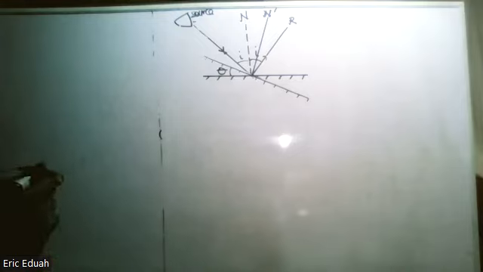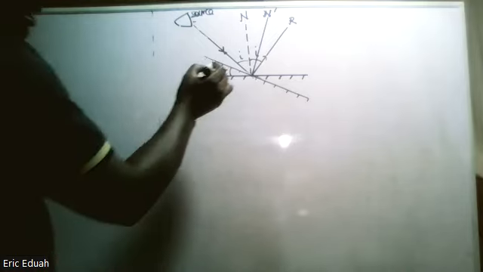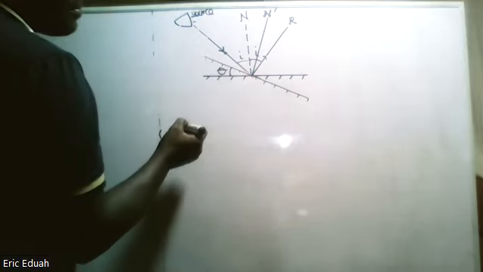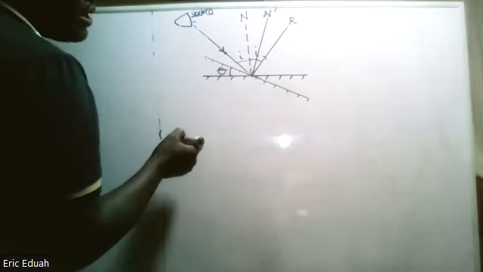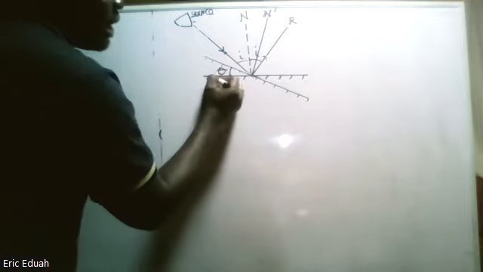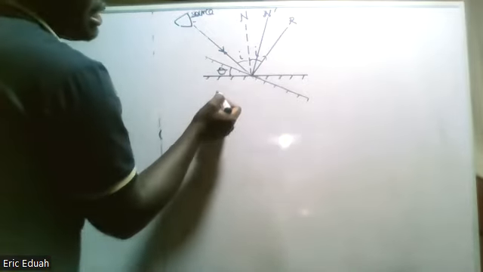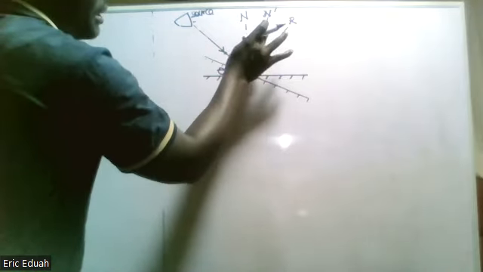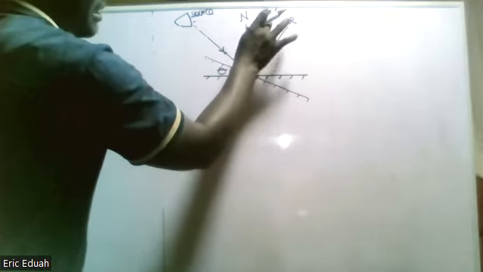Now, when the mirror is rotated through an angle theta, the angle between the old normal when it wasn't rotated and the new normal when it is rotated, let me also make this a broken line.